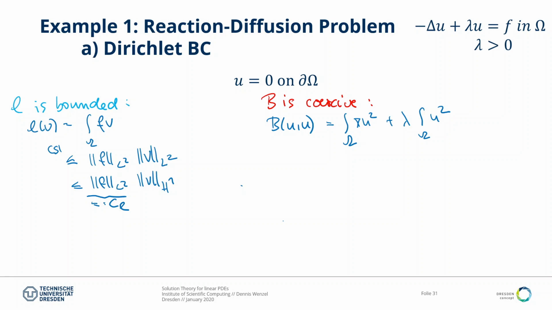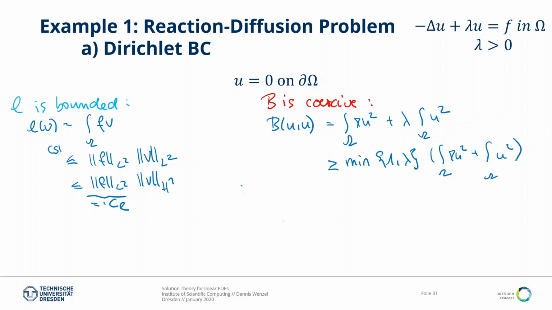And now we want to bound this from below, so we have to estimate in the other direction. So instead of taking the maximum of the two coefficients, I'm taking the minimum. So I'm bounding this from below by the minimum of 1 and lambda, and this summation of the two integrals.